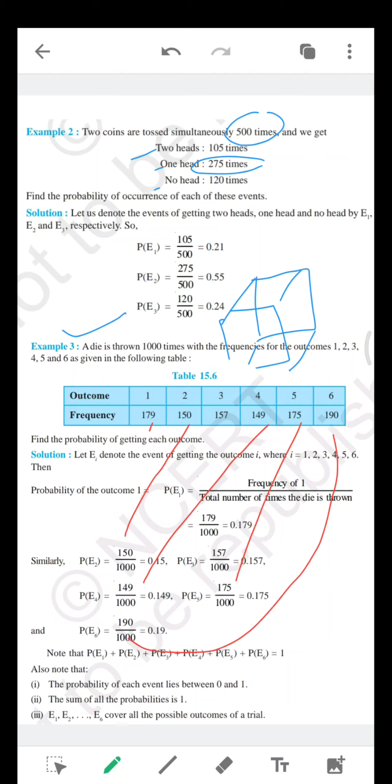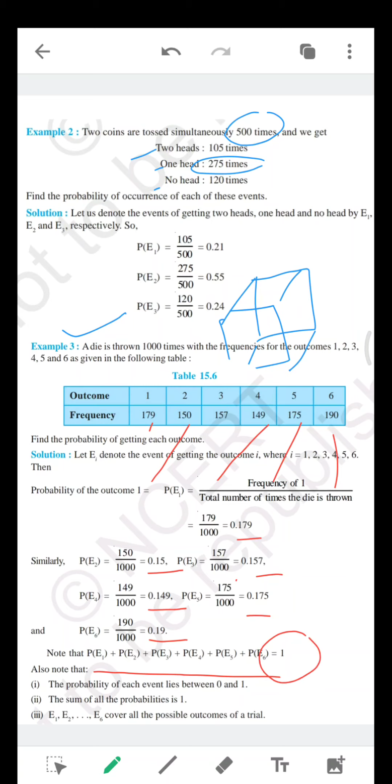When you divide all this, you will get the numbers in decimal, and when you add all the probabilities, you will see an amazing answer. When you add up E1, E2, E3, E4, E5, E6, you will always get 1, because these are all complementary events.